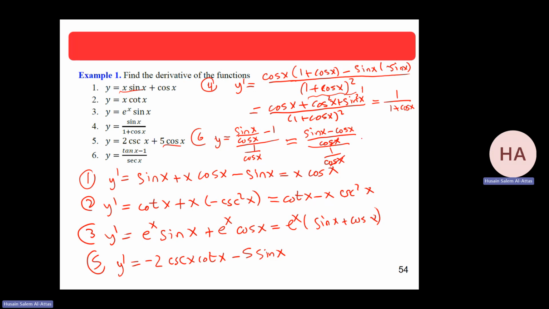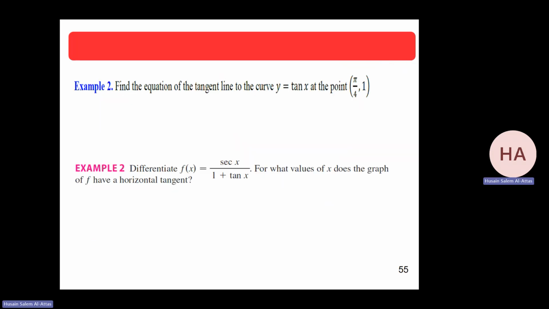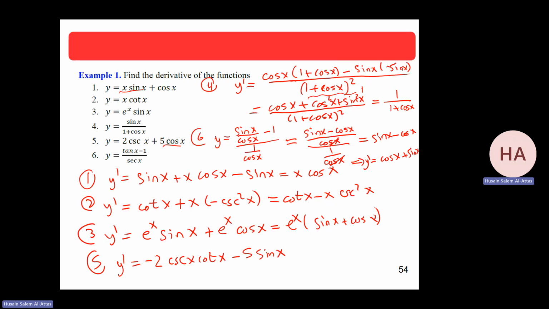So this is cancelled. So I have sine minus cosine. Now the derivative can easily be found as cosine minus plus sine. Oops. Is it? Yeah. Derivative of sine is cosine, minus cosine is minus sine, which is plus. The idea is sometimes you can simplify the function and then find the derivative.